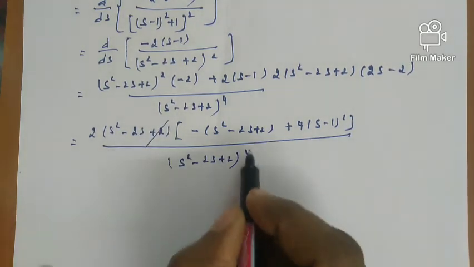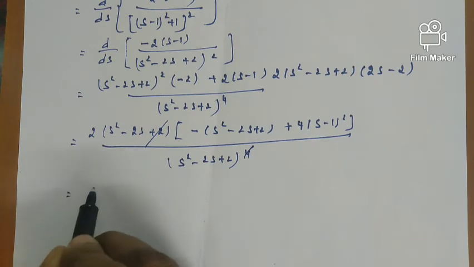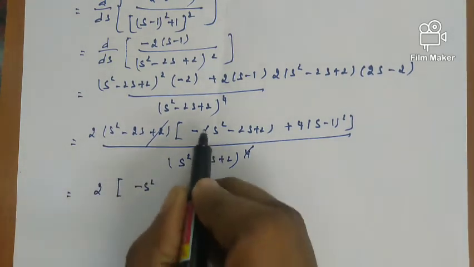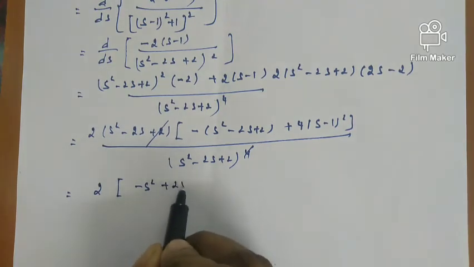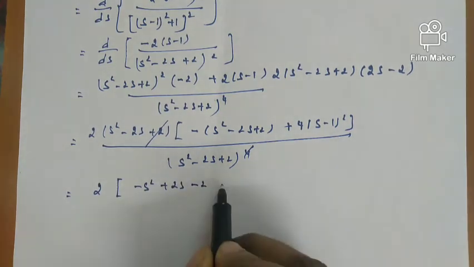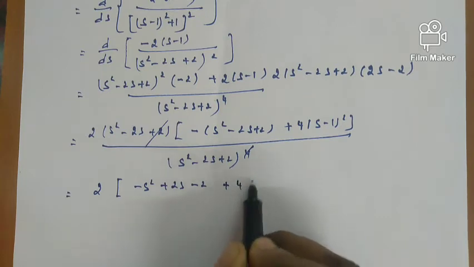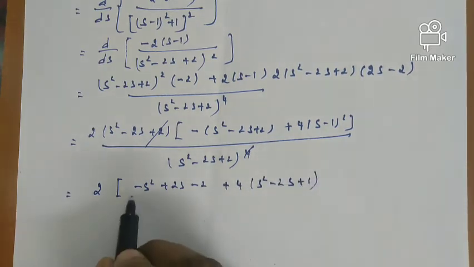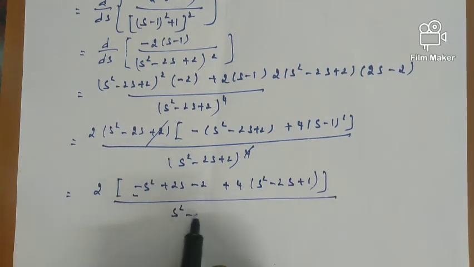Can cancel this, so this is equal to 2 into minus s square minus into minus plus 2s minus 2, and here it is 4 into (s square minus 2s plus 1) whole divided by (s square minus 2s plus 2), the power will become 3.